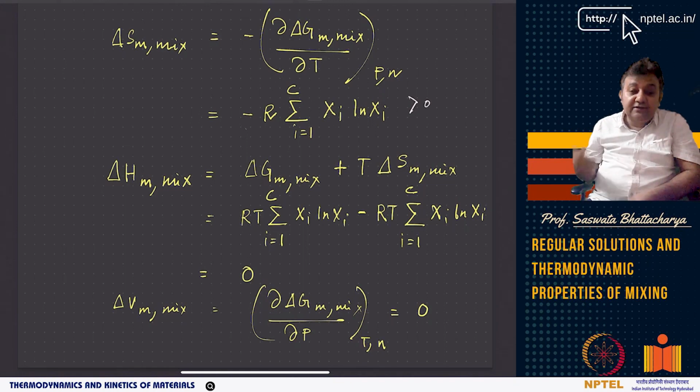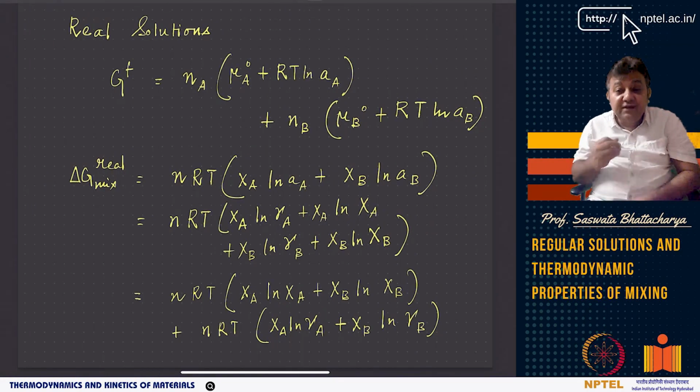So the enthalpy of mixing is zero for an ideal solution or a perfect solution. The same goes for molar volume. We have already seen that the molar volume of mixing is del delta G del P, and del delta G del P in this case is equal to 0.